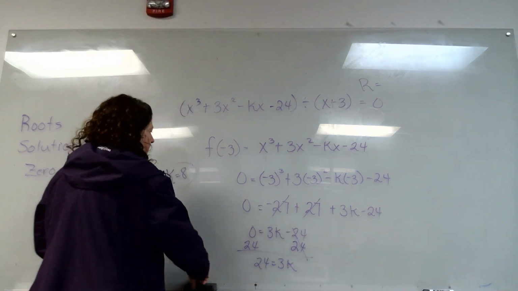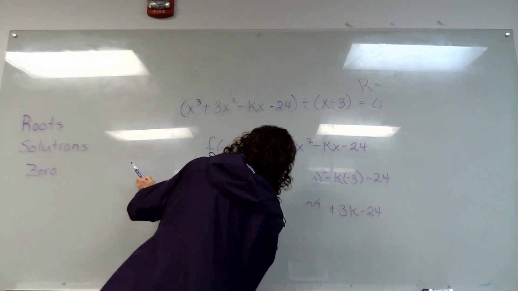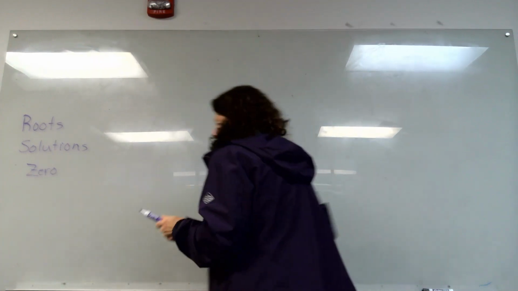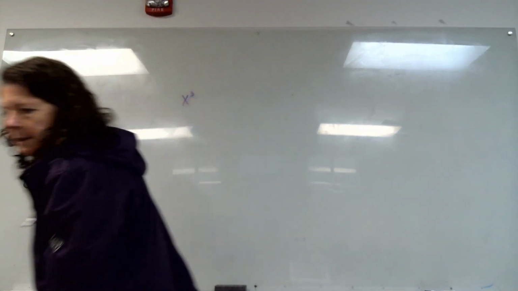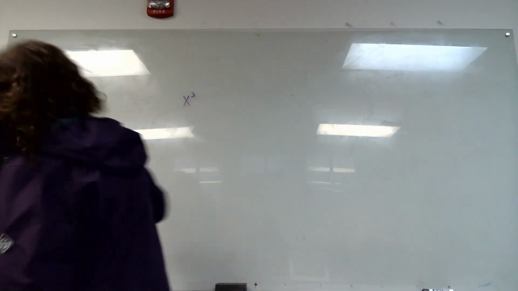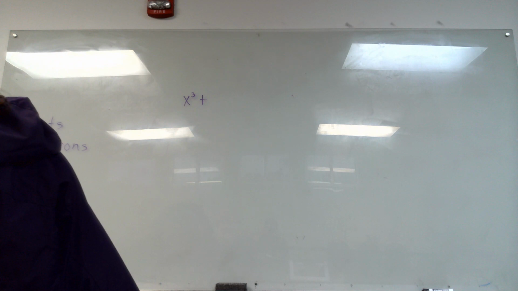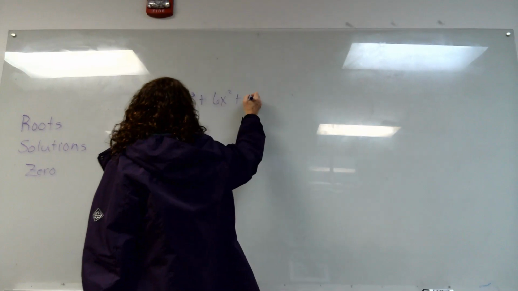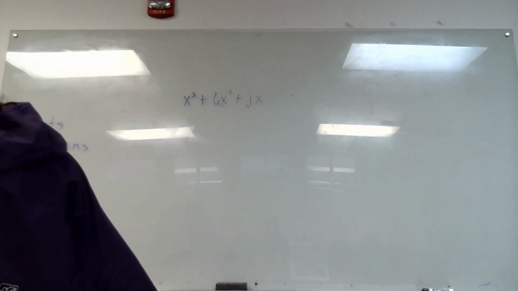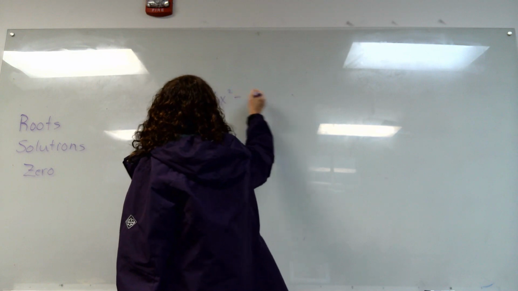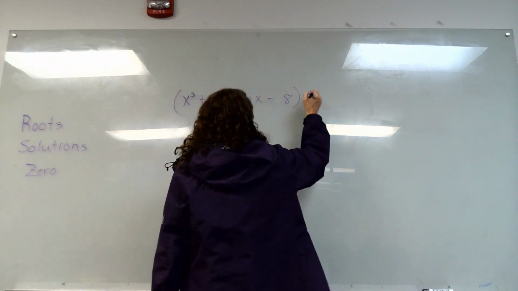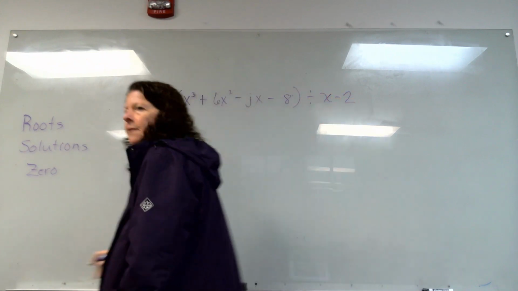Okay, why don't you try one of these? It says find the value of j so that the remainder of this is 0. So I'm putting this up here. Oh, that's a minus. All right, see if you can solve for j.